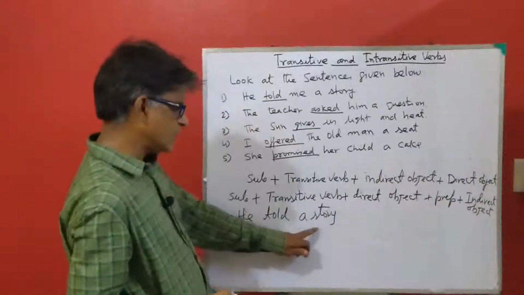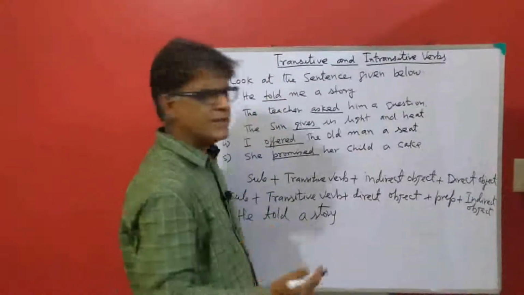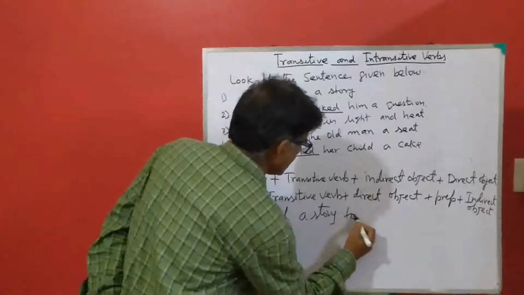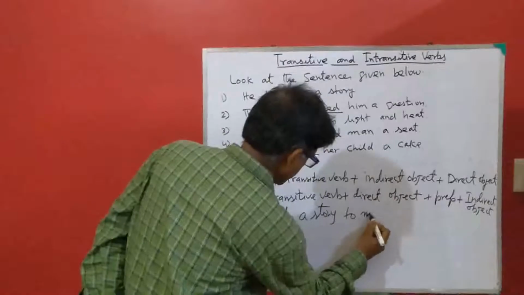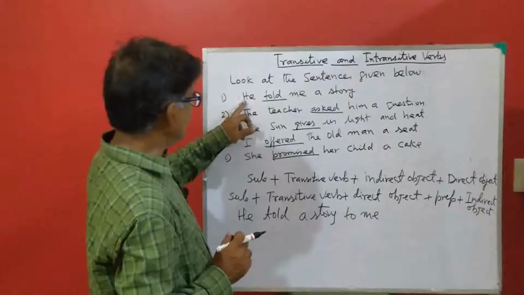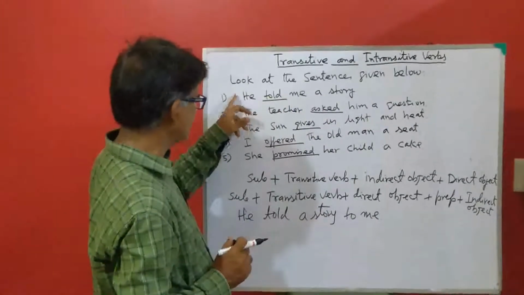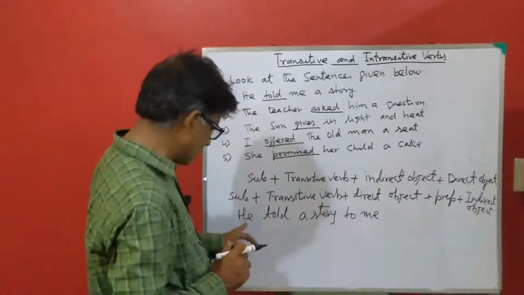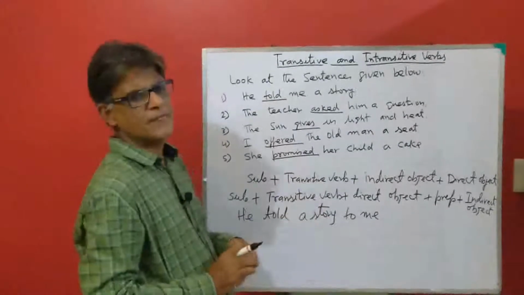He told a story plus preposition. Preposition will be here to, plus indirect object me. So he told me a story. You can convert this sentence into this sentence: he told a story to me.